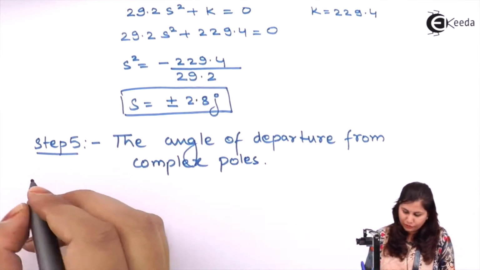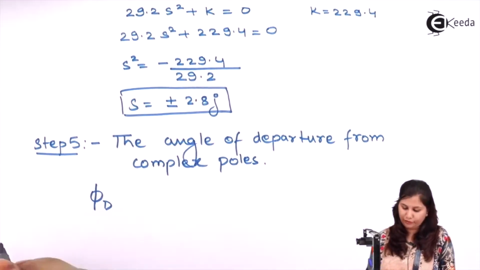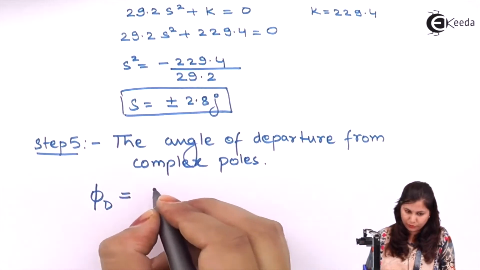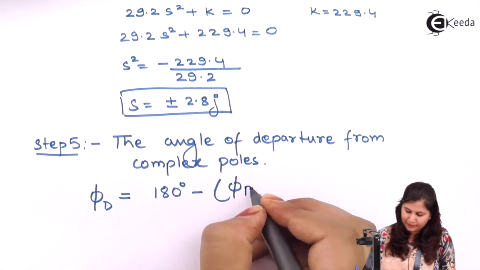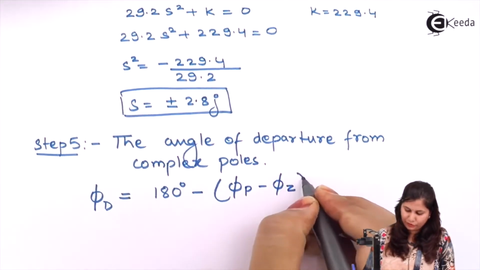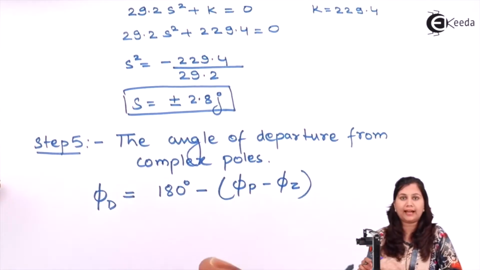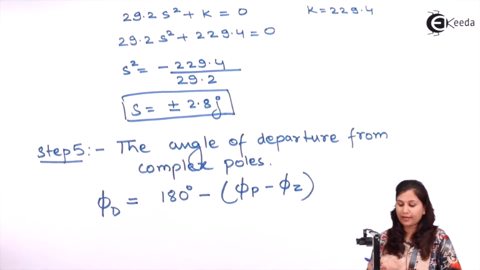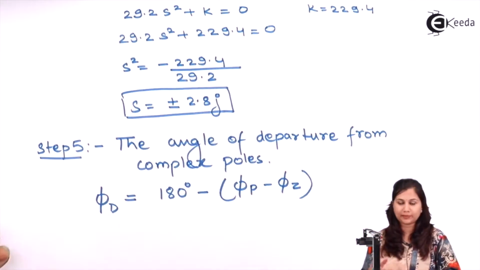Okay. So for this we have the formula phi d, that is the angle of departure. It is equal to 180 degrees minus phi p minus phi z. What is phi p and phi z? This is the sum of the angles subtended by all the other poles on this complex pole.